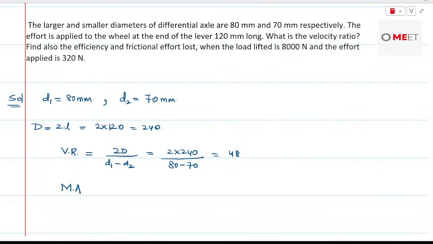Mechanical advantage is given by load by effort, that is 8,000 divided by 320.